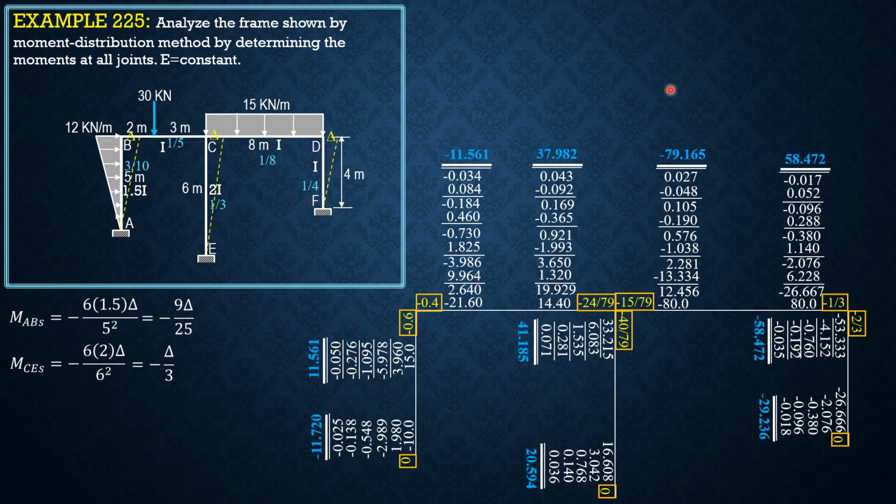So substitute into this equation. So we have 1/5 of quantity MAB plus MBA minus 10 plus 1/6 of quantity MEC plus MCE plus 1/4 of quantity MFD plus MDF. So take note that this is by experience.